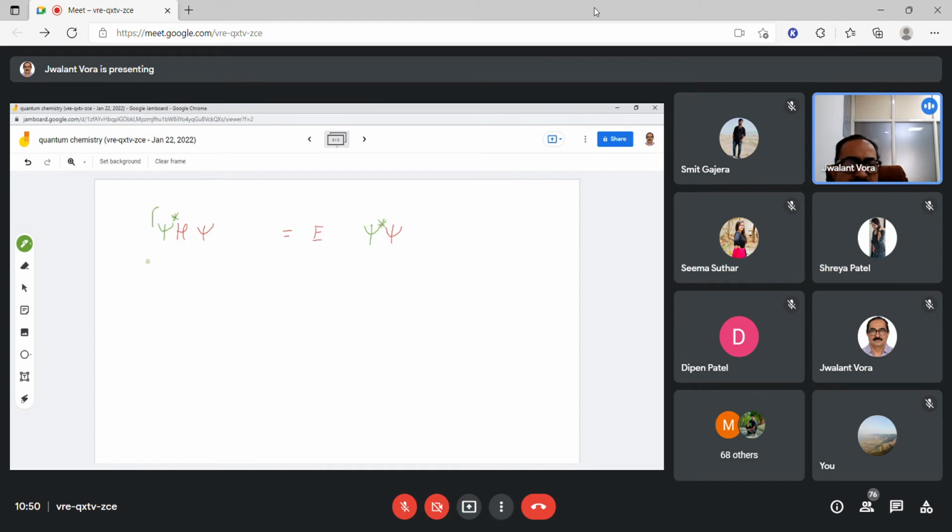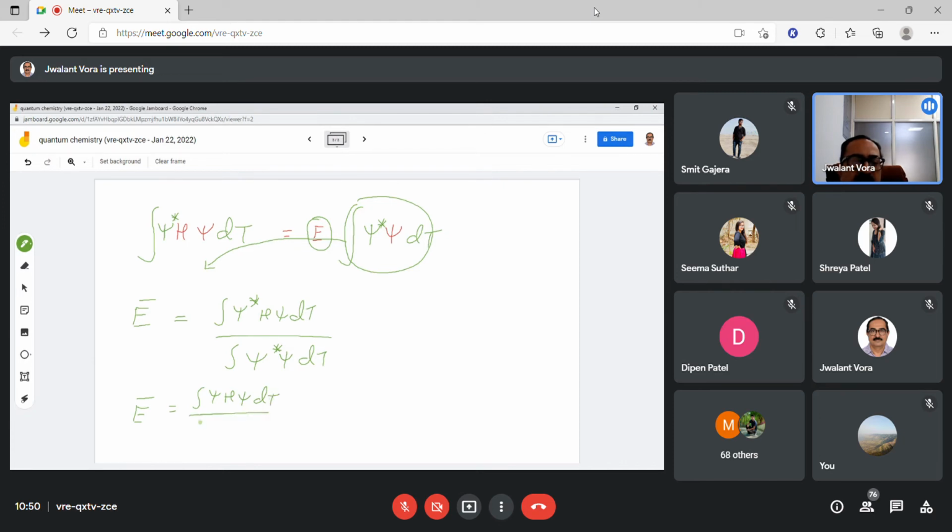હવે ઇન્ટિગ્રેશન કરીએ d tau વોલ્યુમ એલિમેન્ટમાં. So therefore, અને આપણે E or E bar is equal to, આ મલ્ટીપ્લિકેશન માં છે, ડિનોમિનેટર માં જશે, integration psi star H psi d tau divided by integration psi star psi d tau. જો કોમ્પ્લેક્સ છે અને જો રિયલ છે તો E bar is equal to integration psi H psi d tau divided by integration psi square d tau.